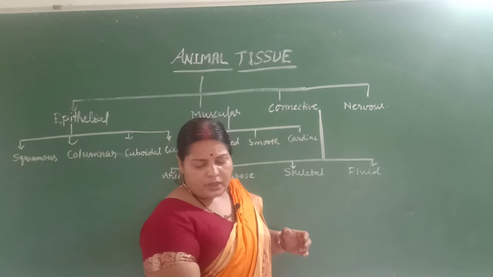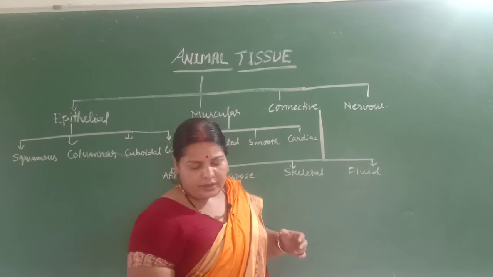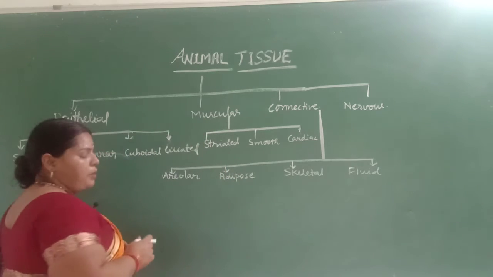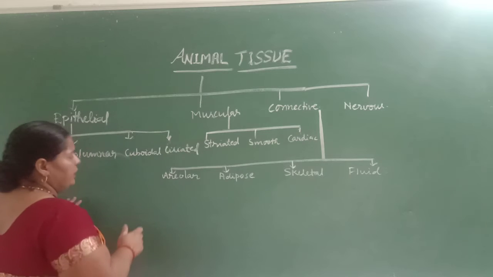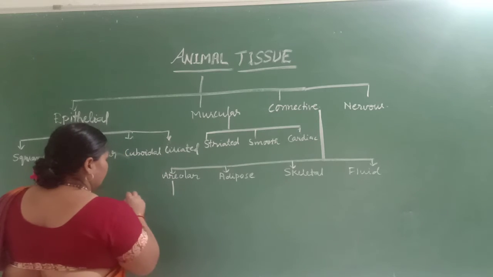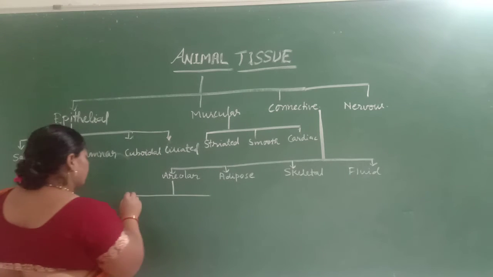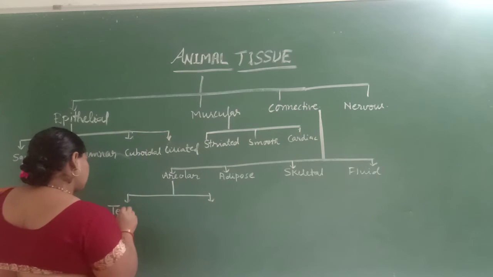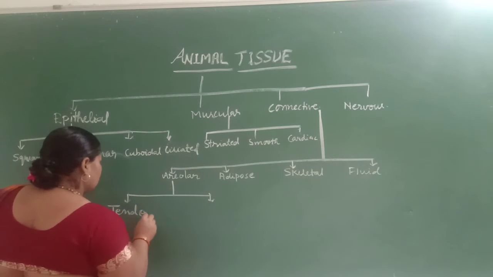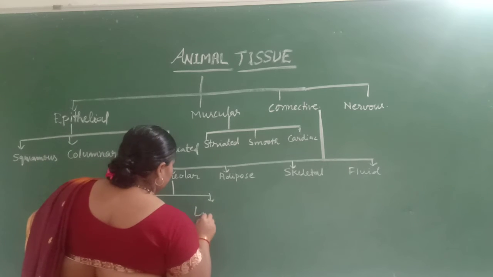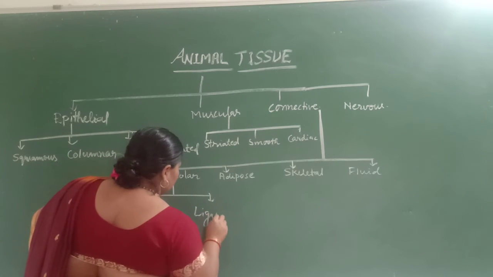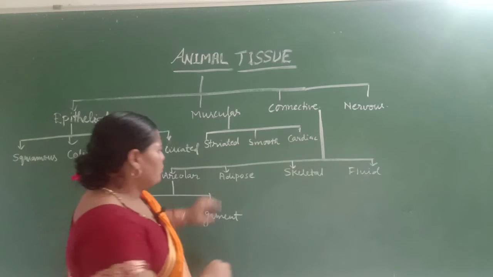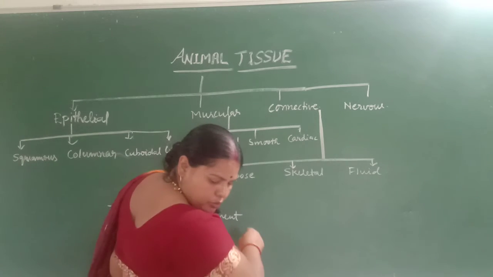So students, we divide the animal tissue into different groups. Areolar tissue is found in 2 groups: first tendon, and second ligament.